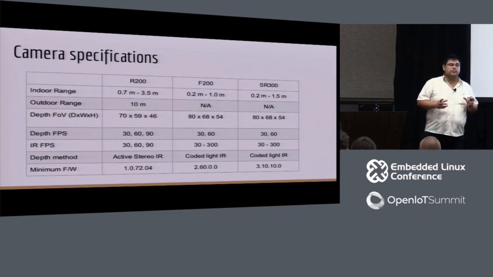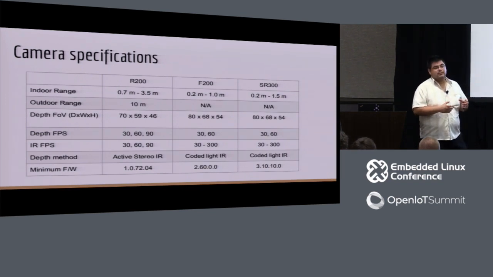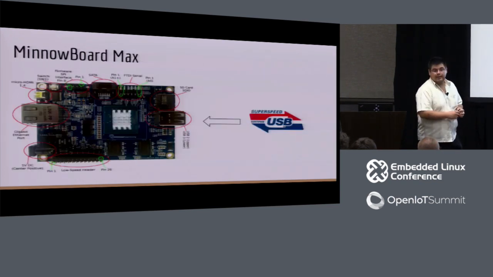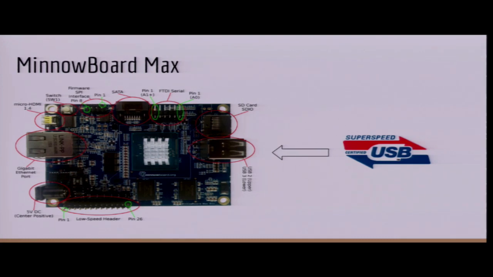So if we would like to bring this to embedded, we need a board that supports USB 3. So that's why the Minnowboard comes in. The Minnowboard has a USB 3 port.